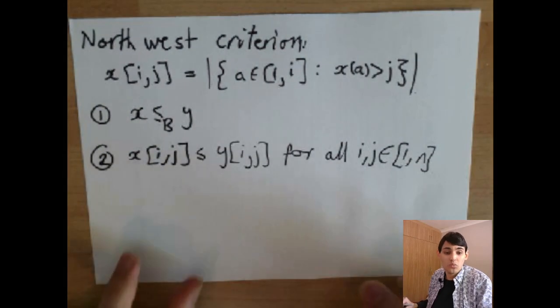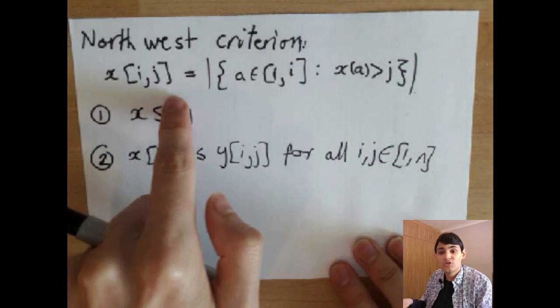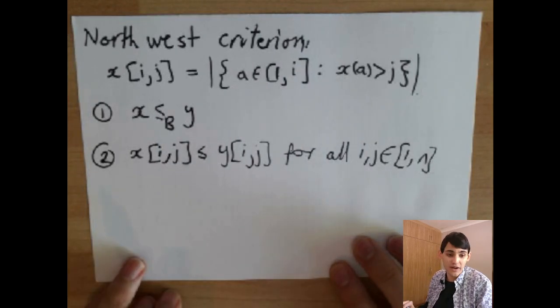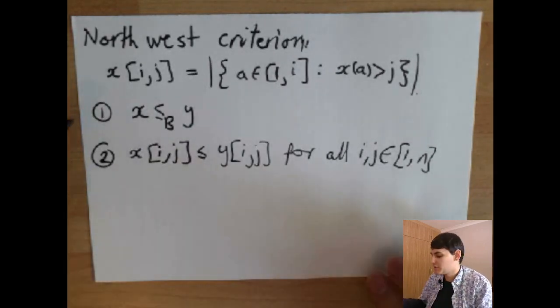So what's this saying? Basically, this shortcuts the Bruhat chains that are needed. The full proof isn't in my project. I only do the first direction, going from the Bruhat order to the Northwest criterion.